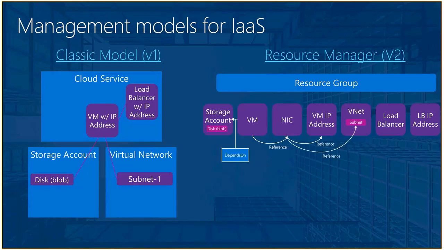The network interface card itself also has another reference to an IP address, which is its own resource, and also a virtual network with the subnet. And also the load balancer, as you can see, goes to the NIC, and the load balancer itself also has an IP address. We can then also reference a network security group in order to have a software firewall in Azure.